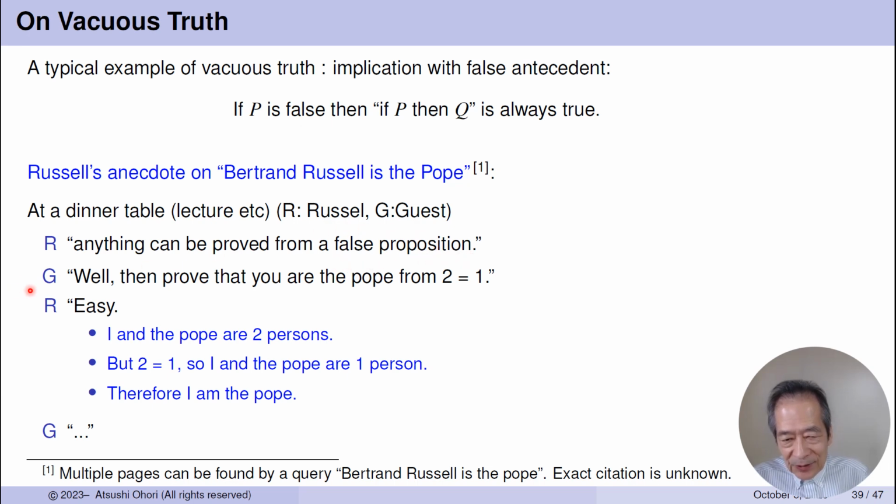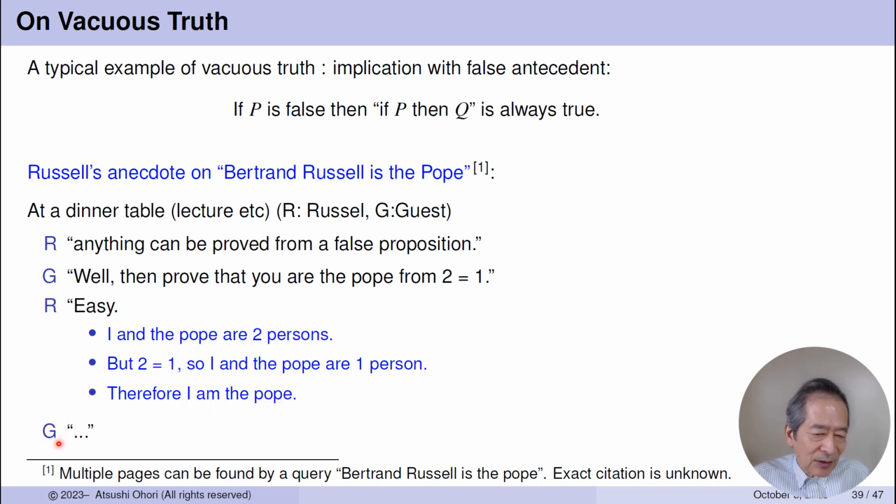And then the guest challenged, well, then prove that you are the Pope from 2 = 1. Then Russell replied, well, easy, and showed the following proof. I and the Pope are two persons, but 2 = 1, so I and the Pope are one person. Therefore, I am the Pope.